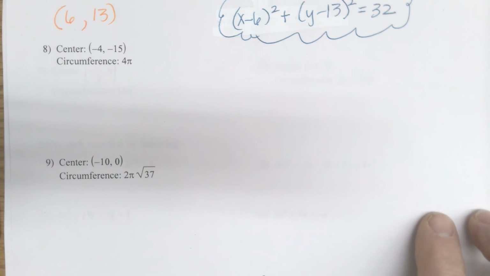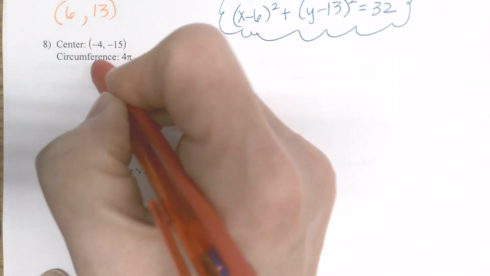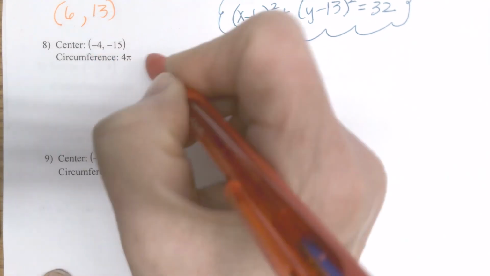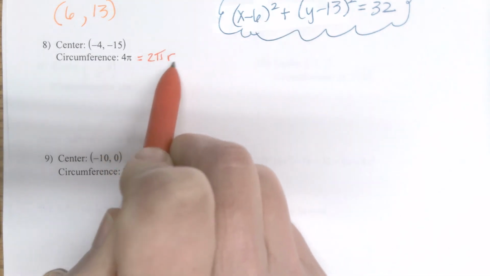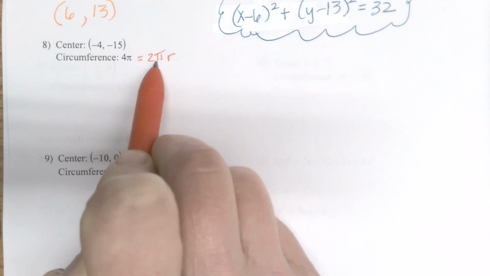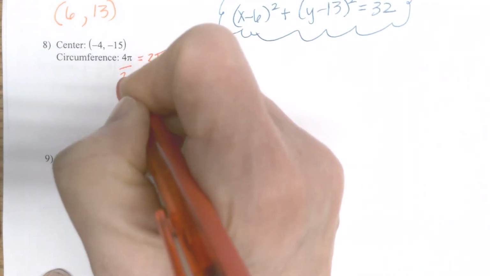When I'm given the circumference, that's where the formula of the circumference is very helpful, knowing that if I'm given the circumference, then my circumference, which is equal to 2 pi r, holds the radius in it. So my 4 pi is equal to 2 pi r. All I have to do is a little bit of algebra, divide that 2 pi out.